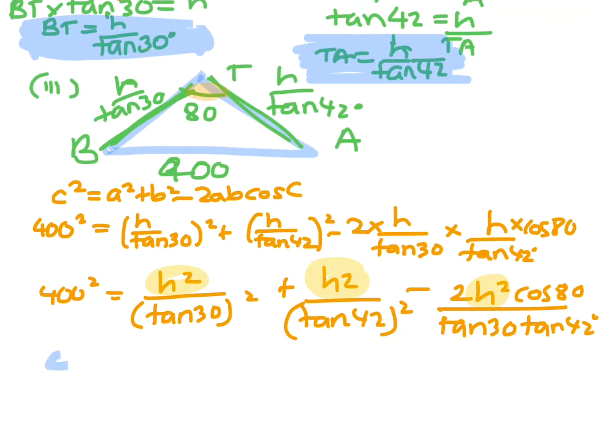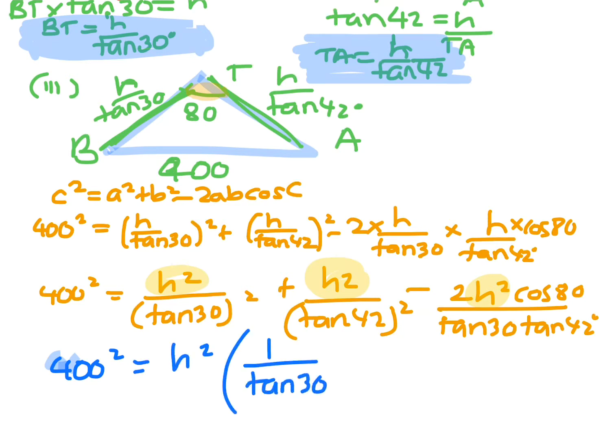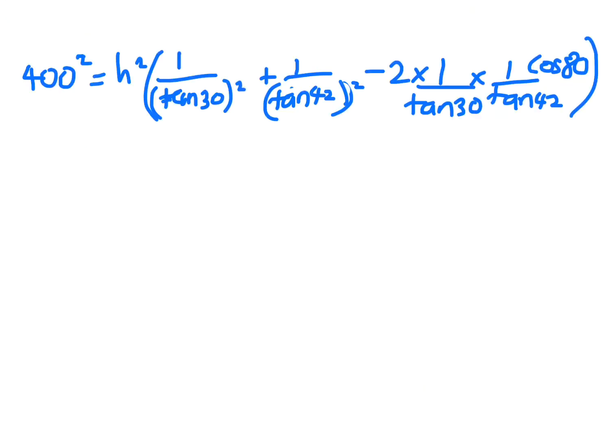So that's 400 squared equals h squared, and we have 1 over tan 30 squared plus 1 over tan 42 squared minus, so take the h squared out, and this is what you've got left after you've taken the h squared out. There's your h squared. So what you have left here now is this.